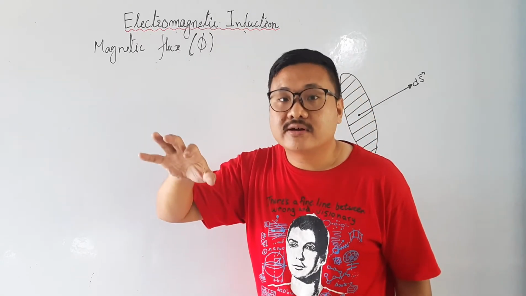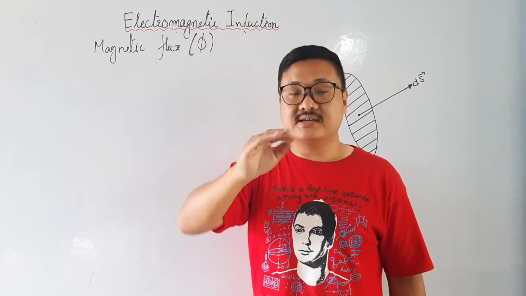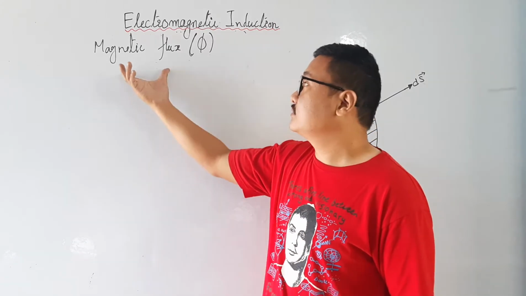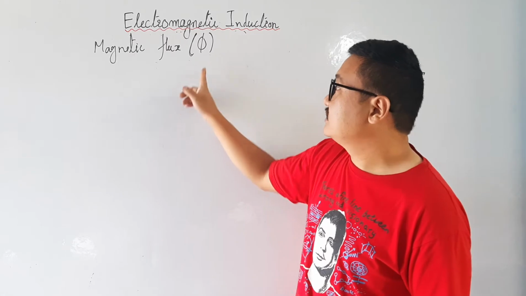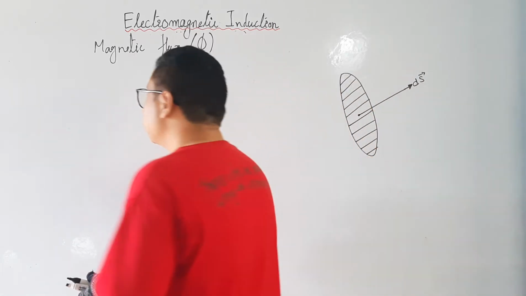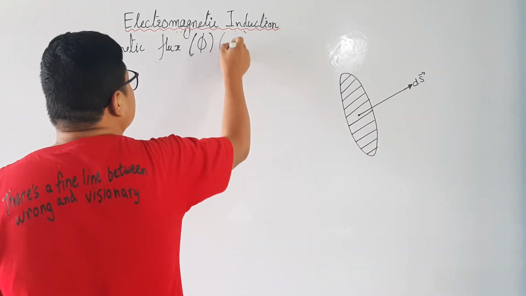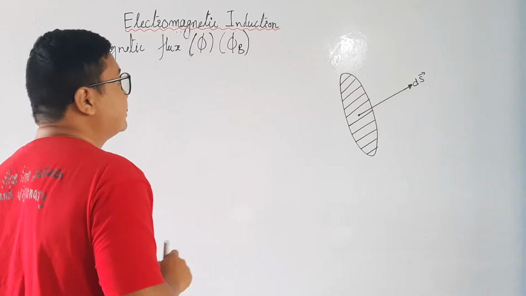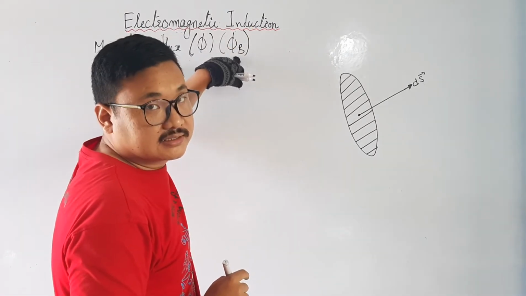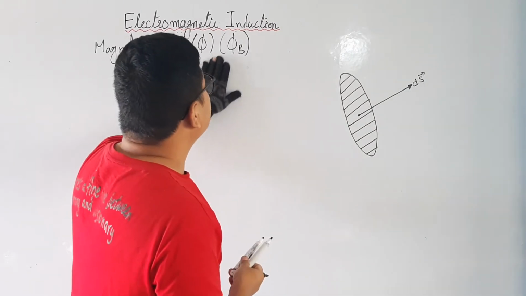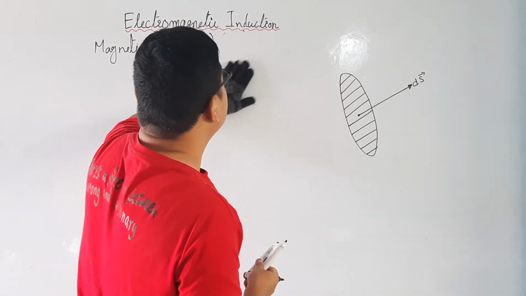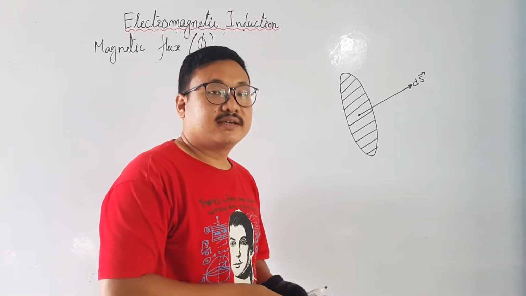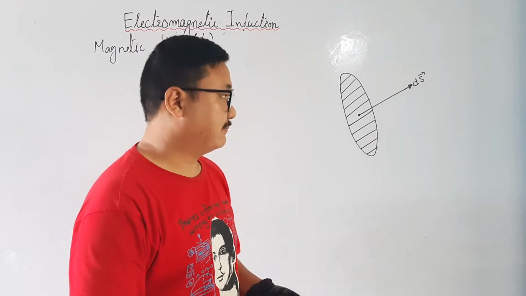The total number of magnetic field lines passing normally through any surface is magnetic flux, and it's denoted by phi. This can also be denoted by phi B, magnetic flux due to magnet. We don't write this notation, but if you are referring to some other book and you get phi B, do not get confused, all of them are the same.